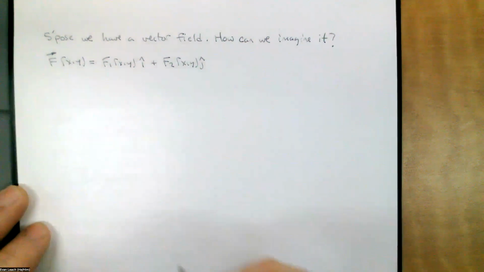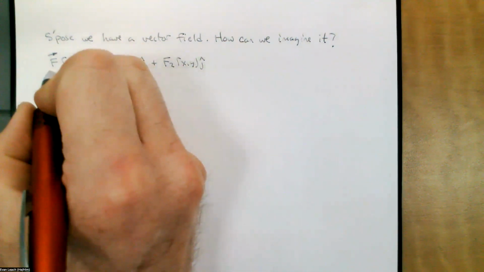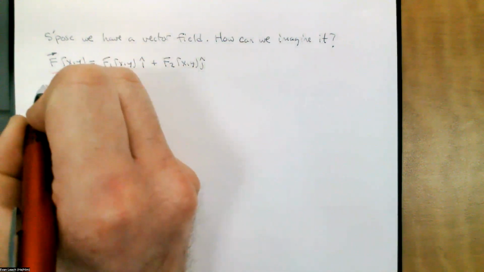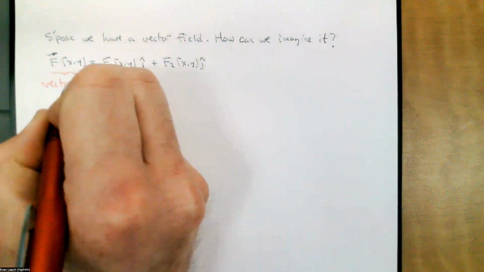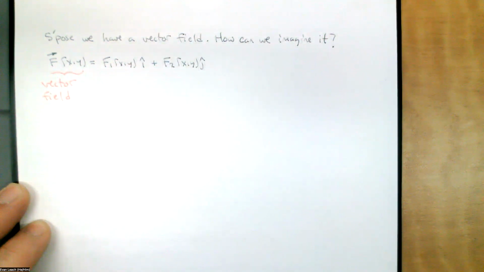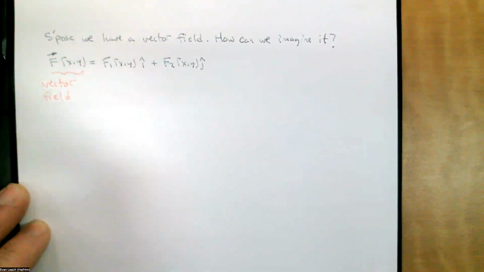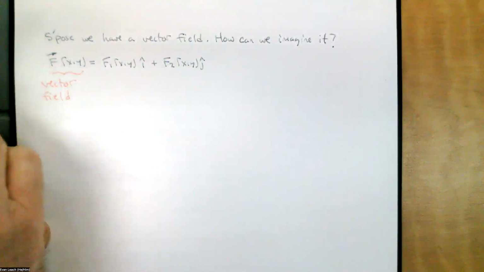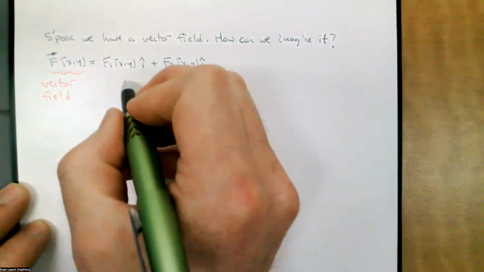Capital F is a vector field, or a vector valued function, but f1 and f2 are scalar functions for the components.